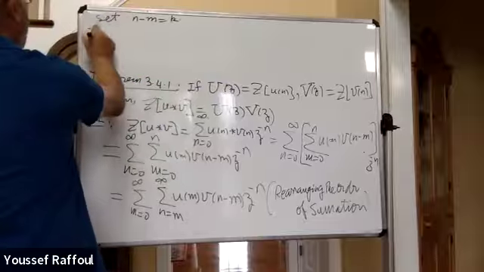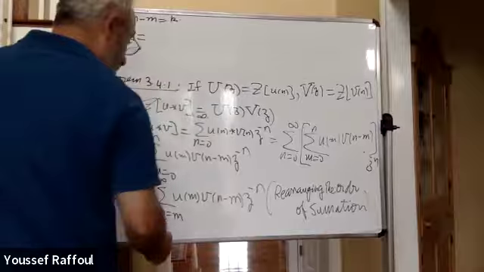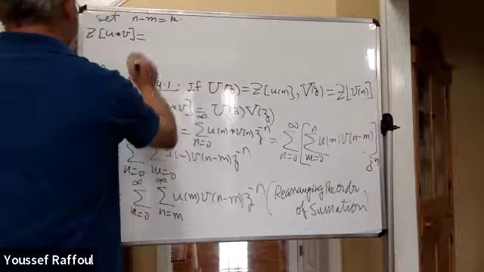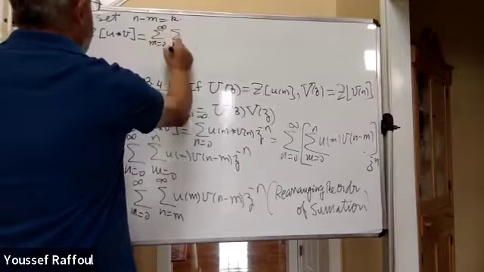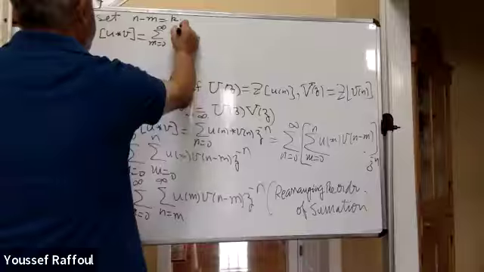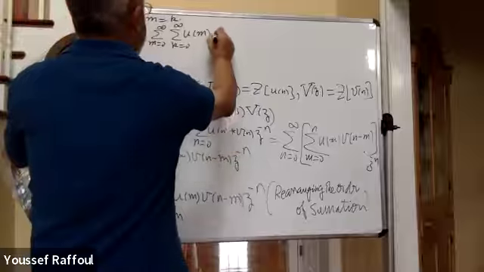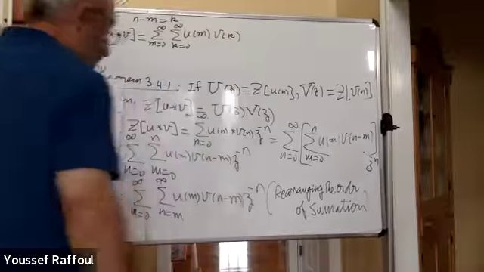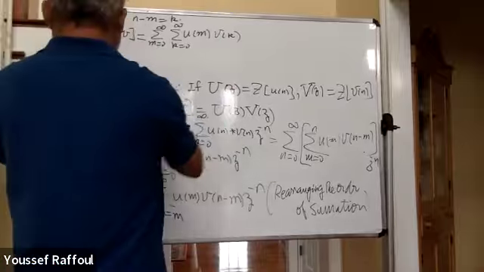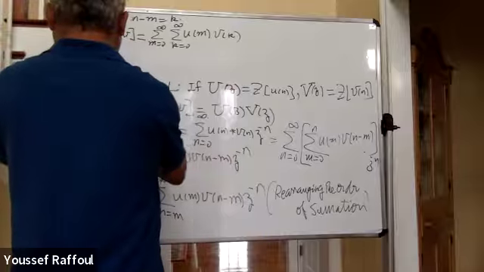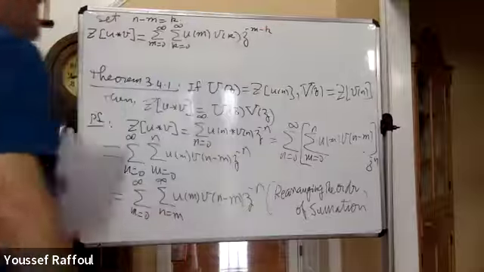So then we have the Z transform of u star v equal to the sum from m equals 0 to infinity, the sum from k equals 0 to infinity, of u_m v_k, and z^(-n) will be z^(-m-k).